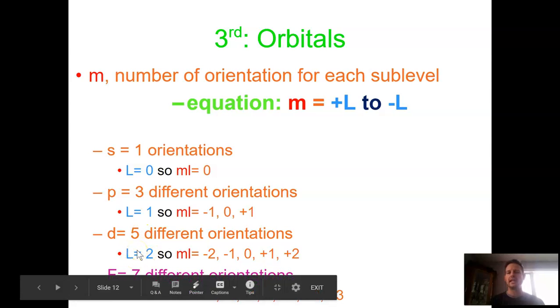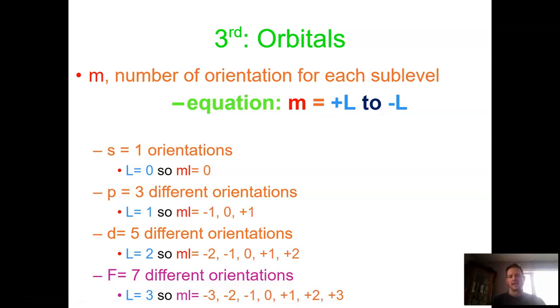And so to go from -L to +L, I'd have -2 street, -1 street, 0 street, +1 street, +2 street. And just like hopefully you're thinking, if I go all the way down to my F, I have 7 different streets. So these would be our biggest cities. Since L equals 3, I'd have -3, -2, -1, 0, +1, +2, +3.